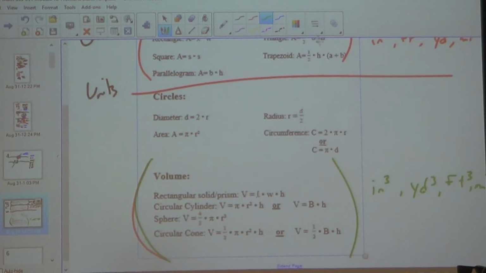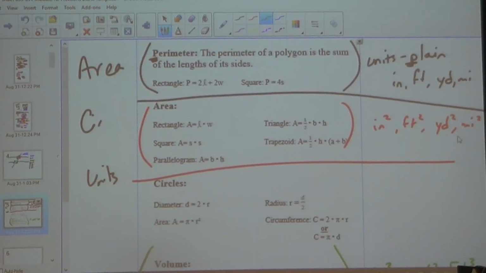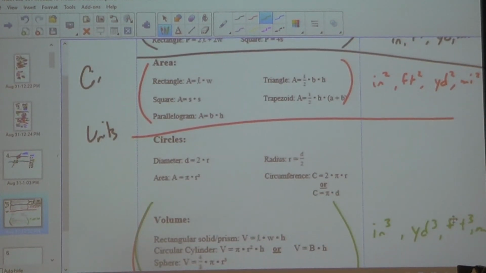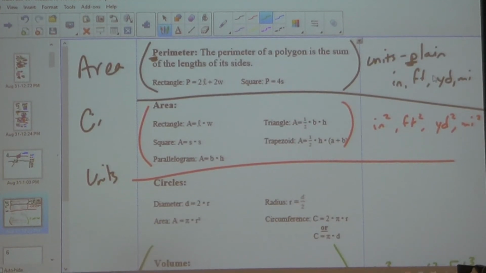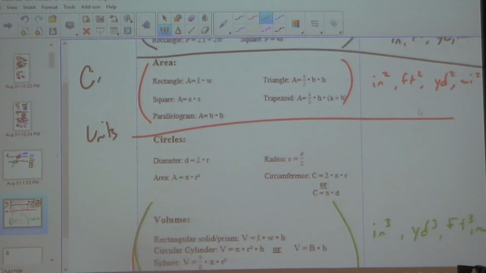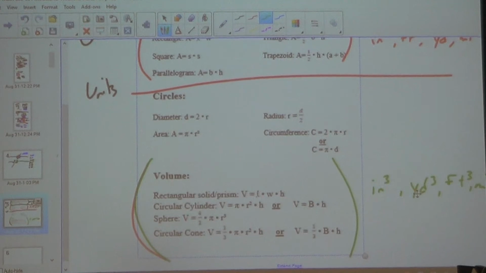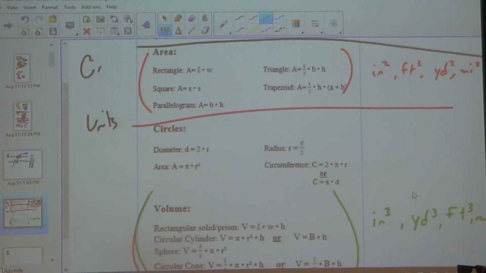So I put them in order: no units or plain units, to the second power, to the third power. So they're in order on that sheet. Now, perimeter is when you add up all the sides. So if you're doing the fence in your backyard, you add up all the sides.